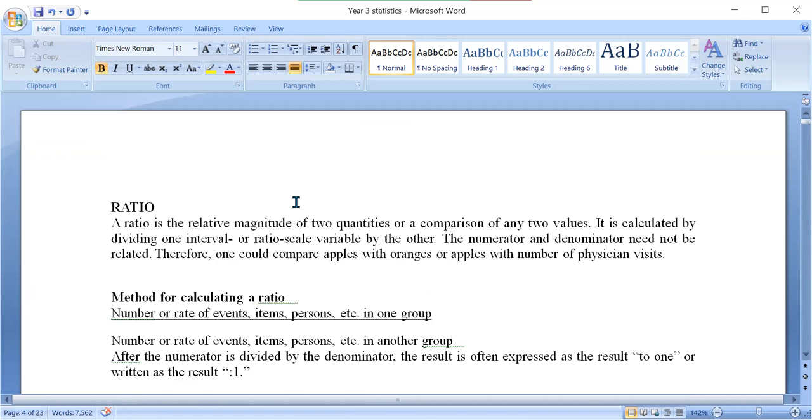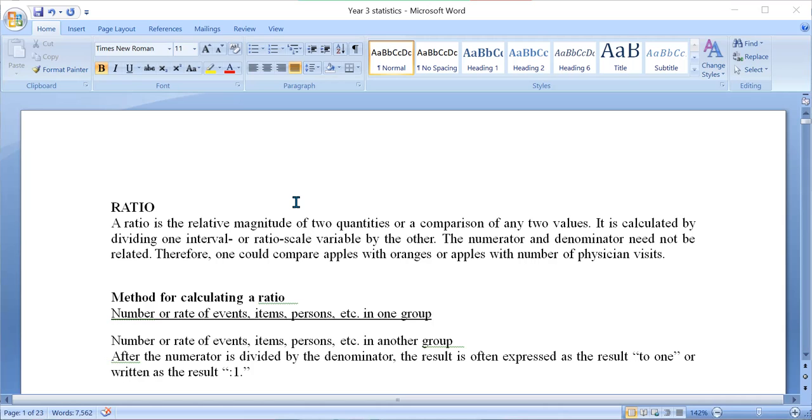First is a ratio. A ratio is the relative magnitude of two quantities or a comparison of two values. It is calculated by dividing one interval or ratio scale variable by the other. The numerator and the denominator need not be related.